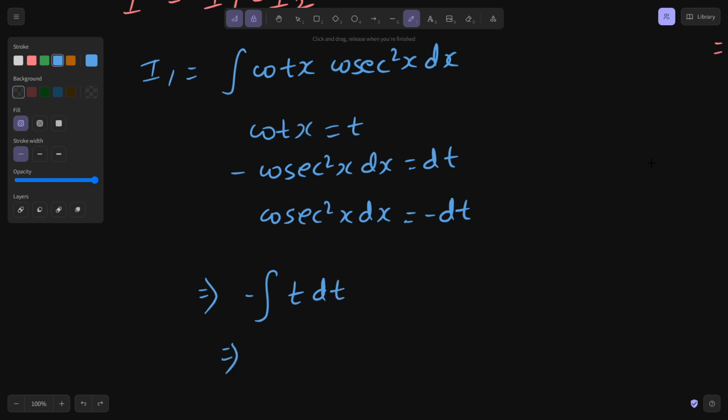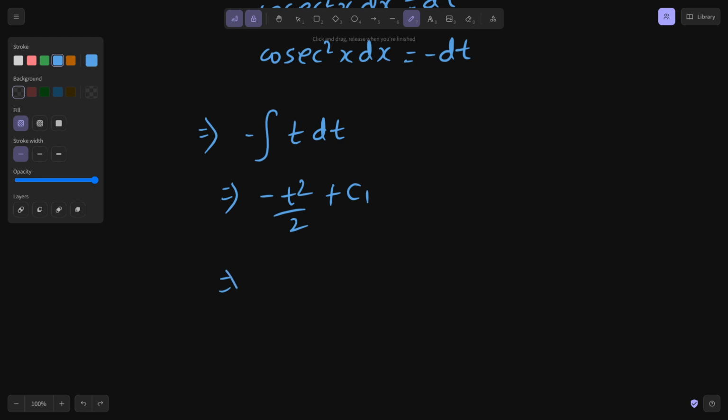Integral of t dt is t square by 2. Integral of x power n is x power n plus 1 divided by n plus 1. So minus of t square by 2 plus, let's say, c1. Again, what was t? t was cot x, so minus cot square x by 2 plus c1.